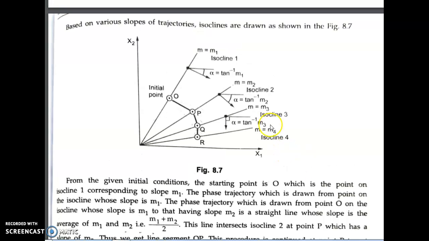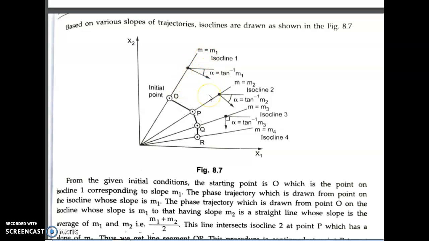So this is the graph. Each slope gives its own isocline from the equation. From the given initial conditions, the starting point is O. That is the first slope m1, which is the point on isocline 1, corresponding to slope m1.